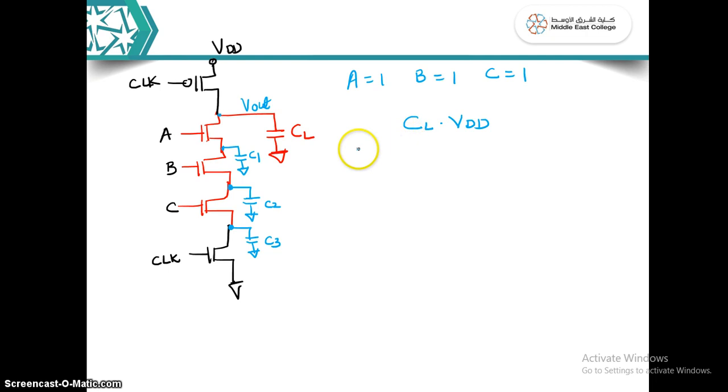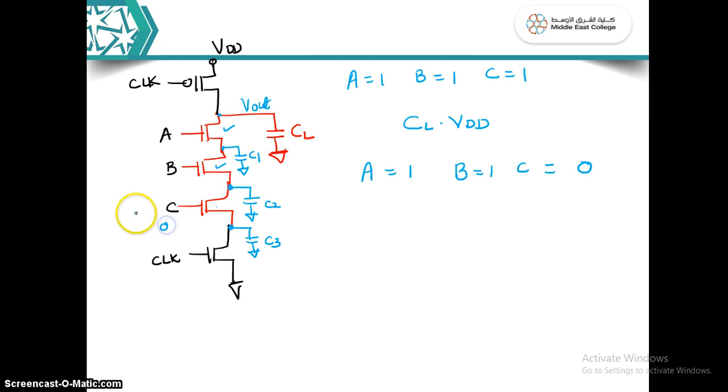So this is fine. Now think about the case when A is equal to 1, B is equal to 1, and C is equal to 0. This transistor will be on, this transistor will be on, and this will be off.